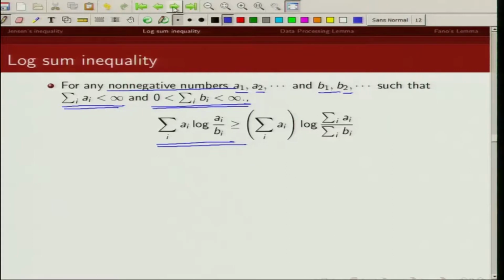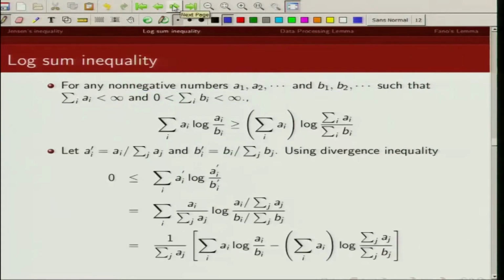Now let us prove this. So let us consider ai dash, which is ai by summation of these ai's, and bi dash, which is bi by summation of these bi's. Now let us find divergence between ai dash and bi dash. Now what do we know about divergence between two density functions? Basically we know the divergence is greater than or equal to 0.